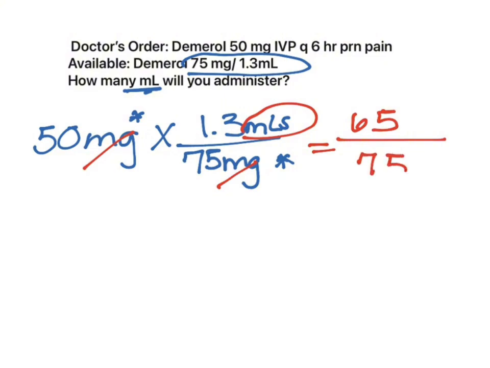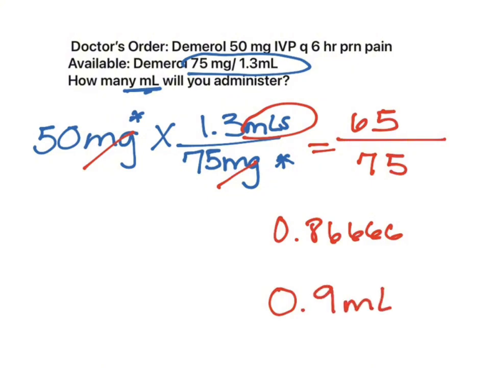So 65 divided by 75, put that in your calculator, and you should get 0.86666. So you want to follow your directions and round to whatever your instructor tells you to round to. For this problem, we're going to round to the nearest tenth. So our answer is going to be 0.9 mLs.